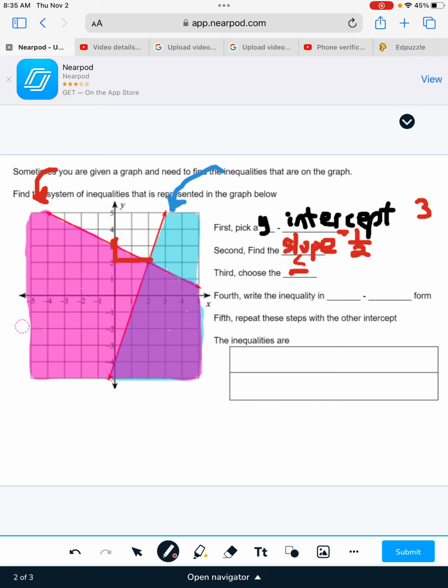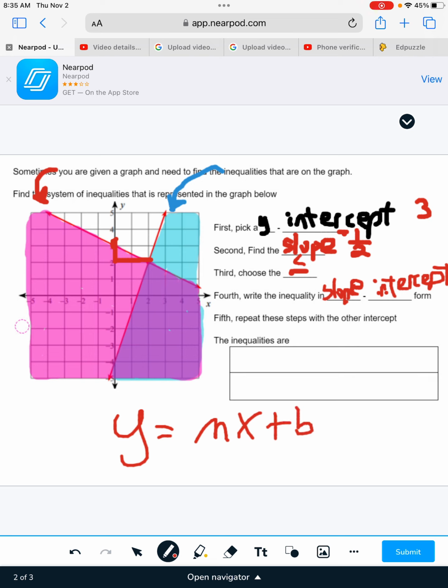Fourth, we're going to write this in slope-intercept form. The slope-intercept form looks like y equals mx plus b, but we're going to substitute some of the stuff in.